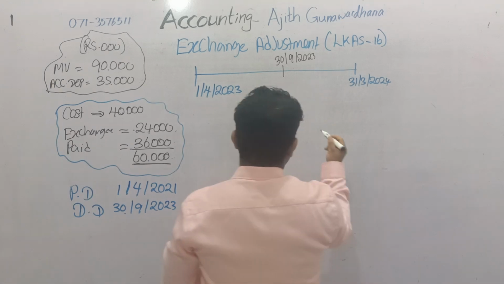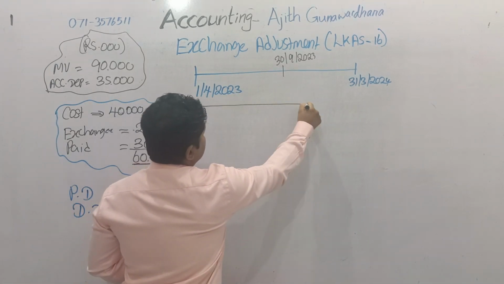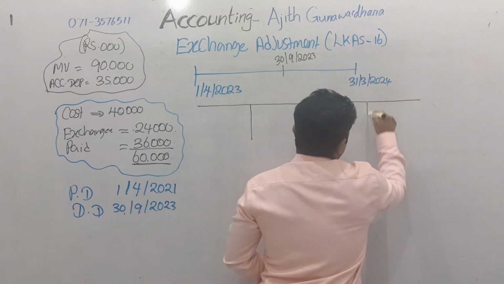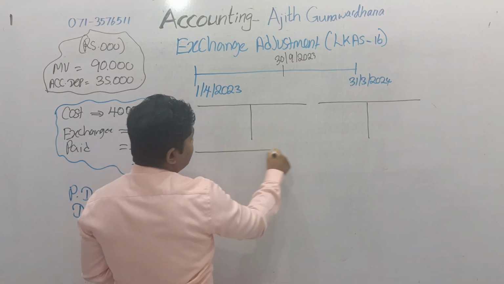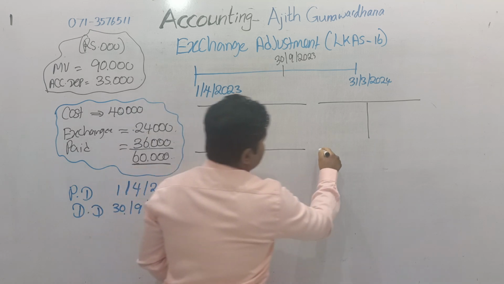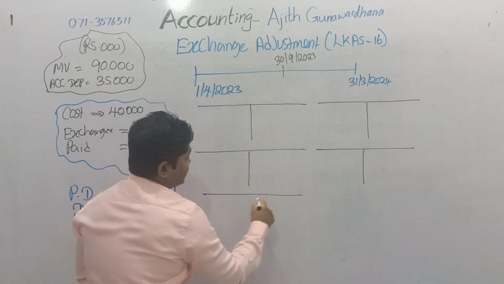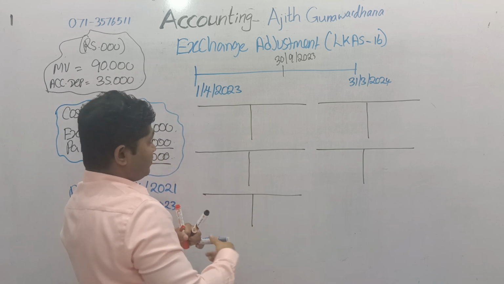You have to prepare T accounts. First the motor vehicle account, second the exchange account, and third the depreciation expense account, as well as accumulated depreciation and cash accounts. Prepare the T accounts from the beginning.